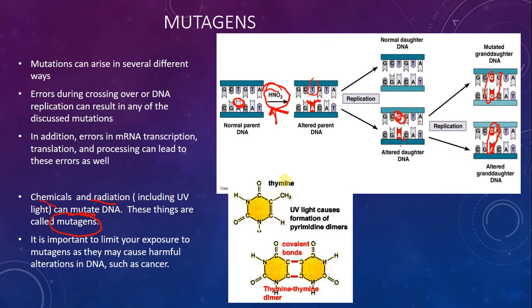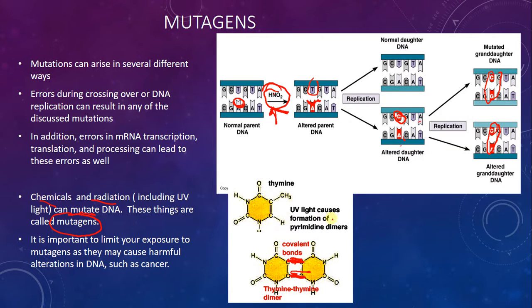In addition, UV light can cause mutations. What it can do is cause covalent bonds between pyrimidines to form, so they can be covalently bonded to each other. And these are called dimers.